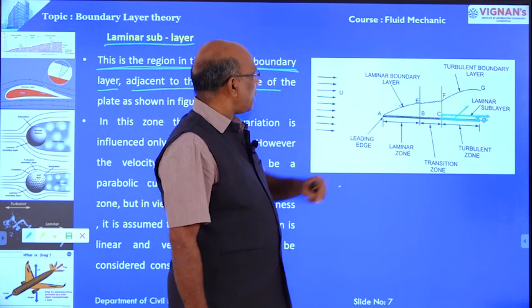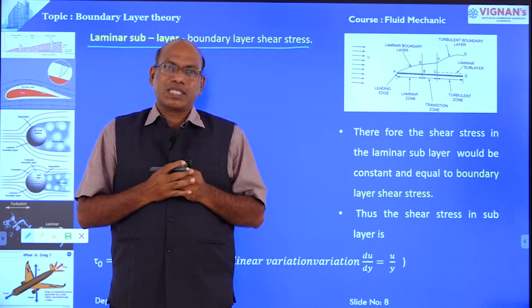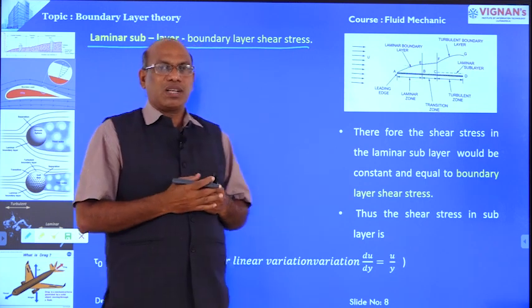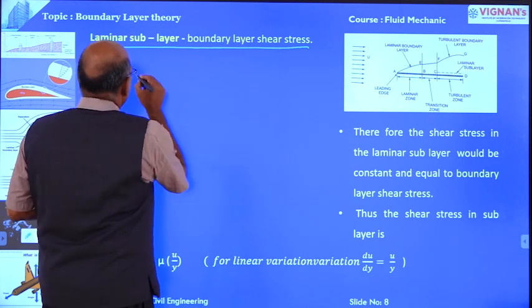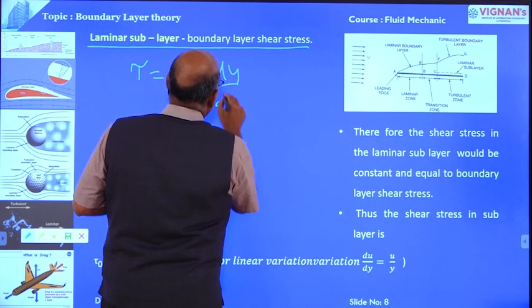In case of the laminar sublayer, there exists the boundary layer shear stress. What is the boundary layer shear stress? Now I am explaining here. Shear stress tau is equal to mu into du by dy.